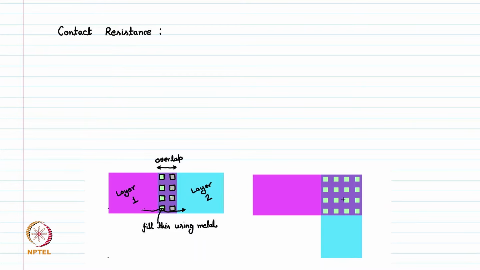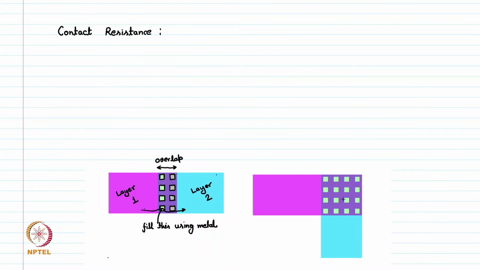So now if you see, the resistance of this wire is, let's say, small r, and layer 2 is small r. The contact resistance of these vias is significant compared to the layer, because these vias are very small in size, so their cross section area is very small, so they offer much higher resistance.